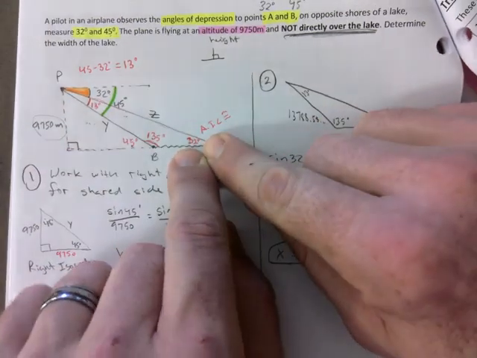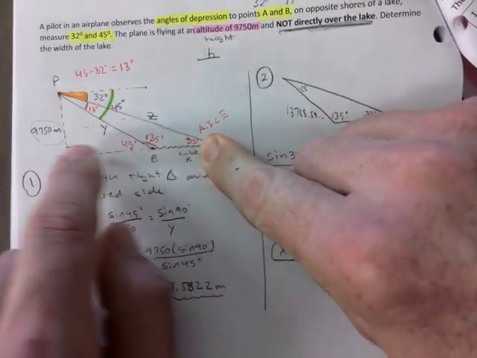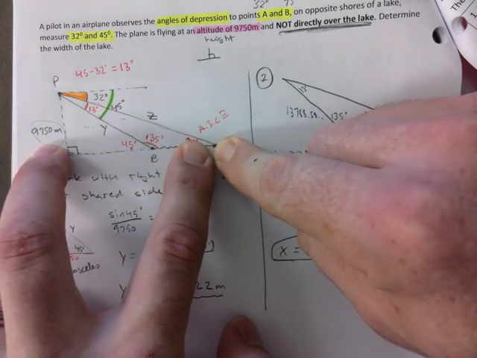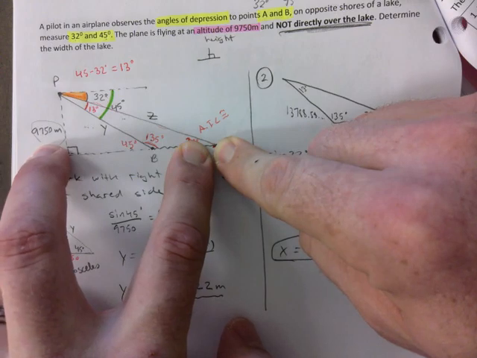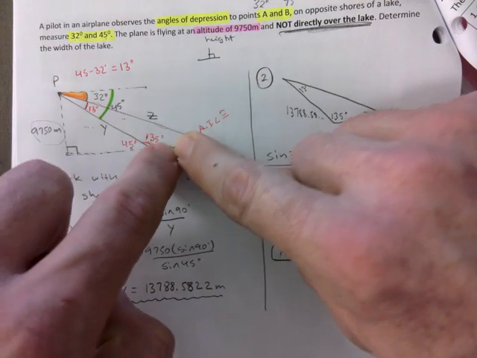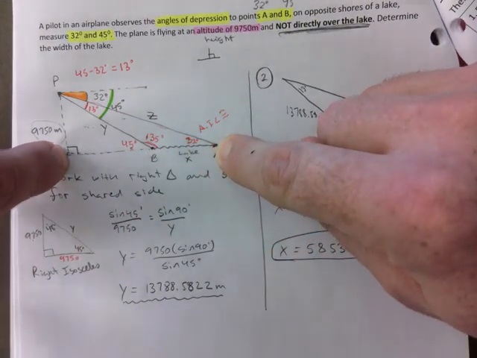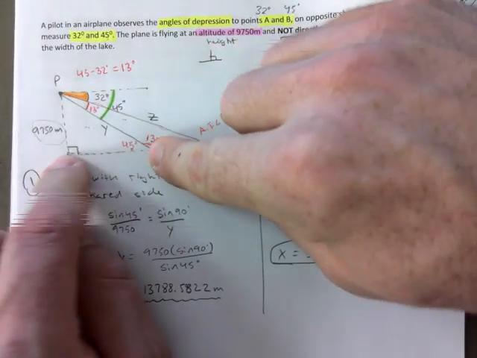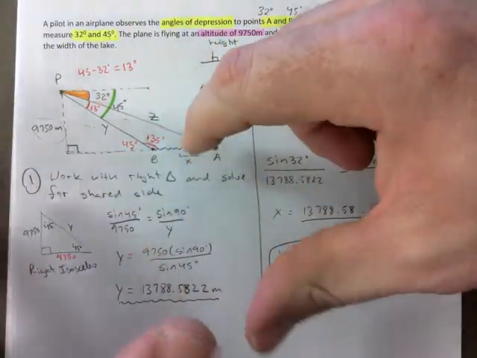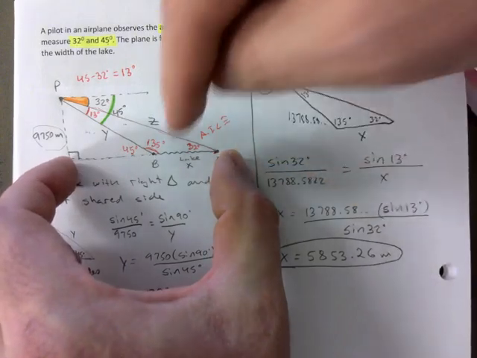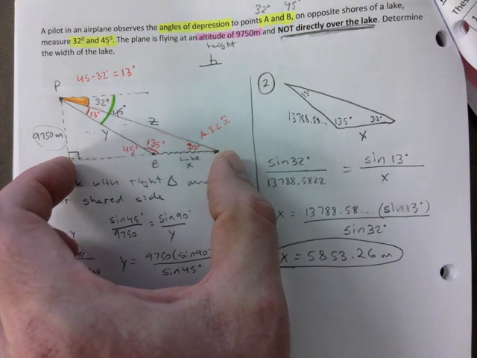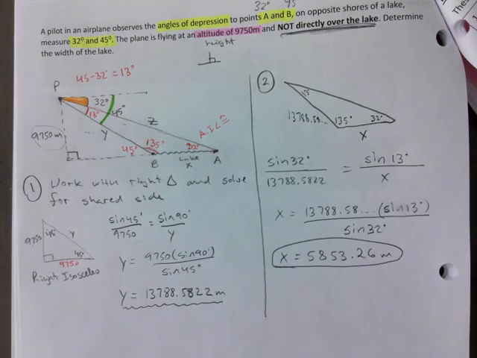Could we have used sine of 32 over 9750 as my pair, and then use the angle up top to figure out the entire length, the bottom from here all the way to here, and then later find this stretch and subtract it? You have your whole and you subtract that stretch from it. Absolutely. If you're careful, you're going to get the same answer.